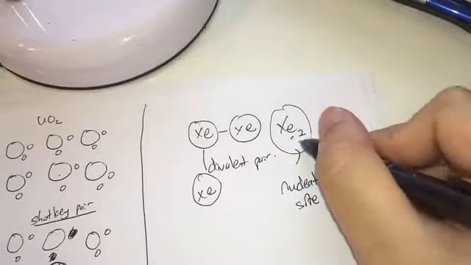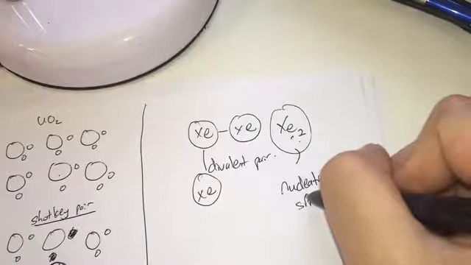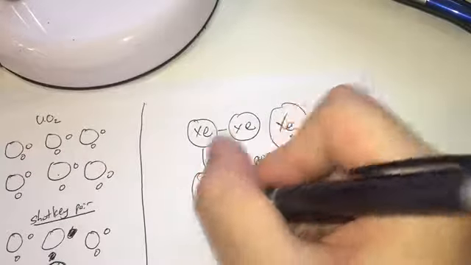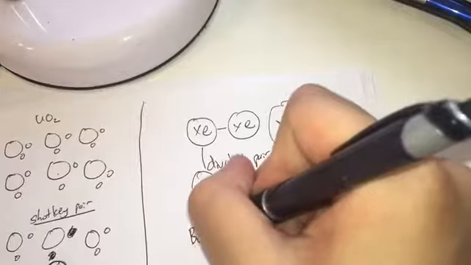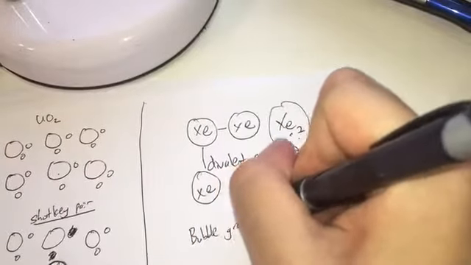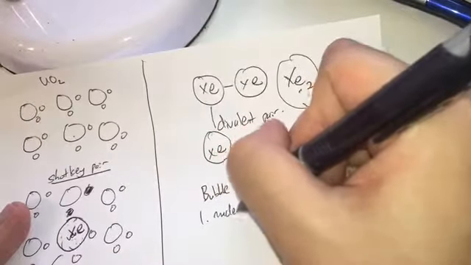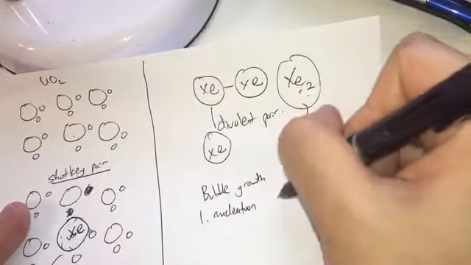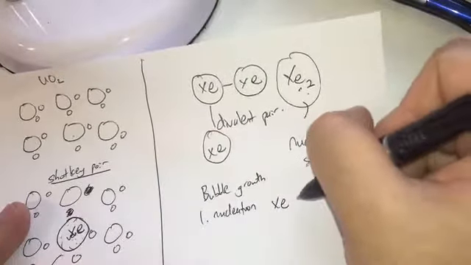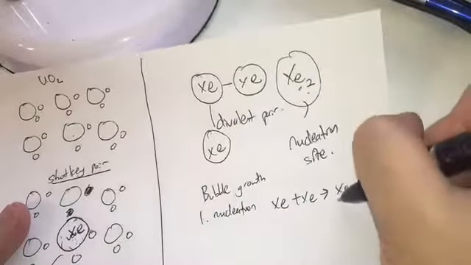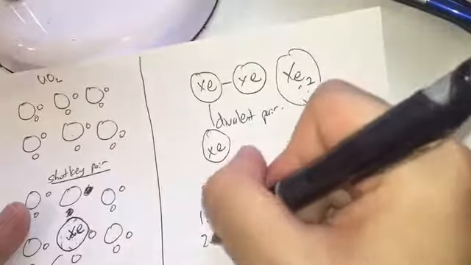Sometimes this Xe2 can combine with more and more xenon atoms to form a bubble. So in a bubble growth, first you have the nucleation step. Okay, so this is the nucleation site.